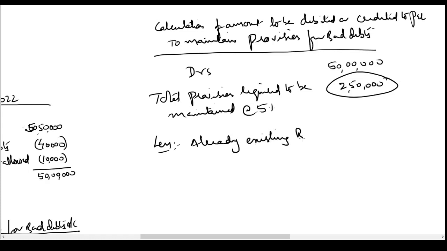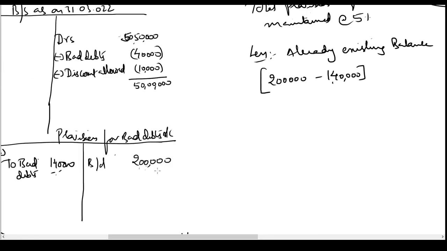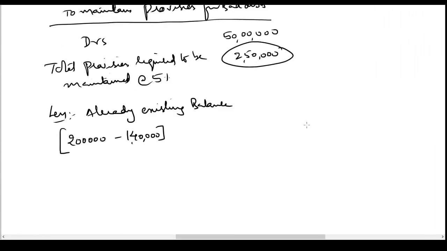There is some balance already existing. What is the already existing balance? I had a balance of 2 lakh. Out of that I have used up 1,40,000. Where do I get this from? If you see the provision for bad debts account, there was a credit balance of 2 lakh. I have used 1,40,000. Already existing balance is 60,000.